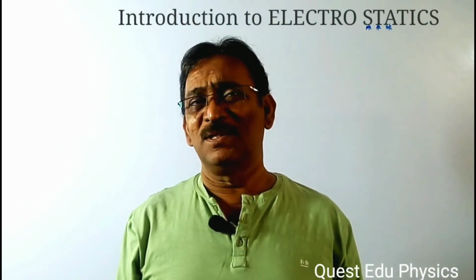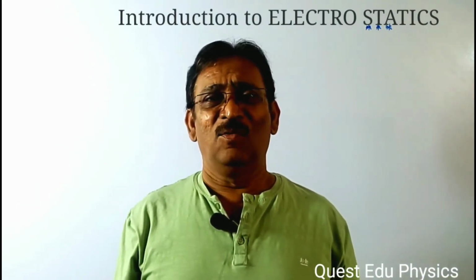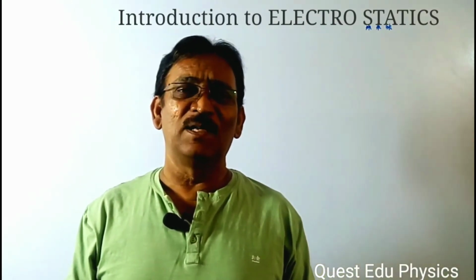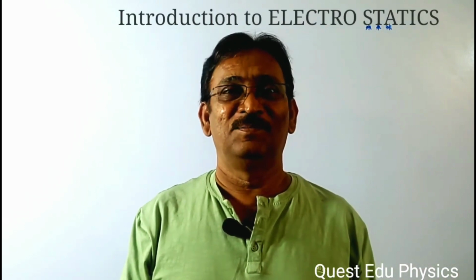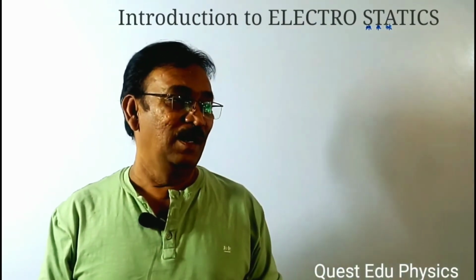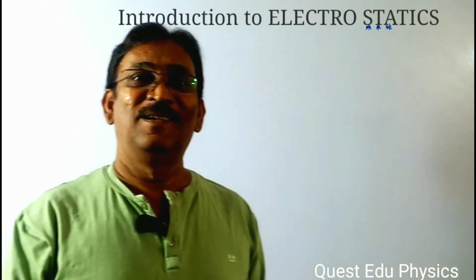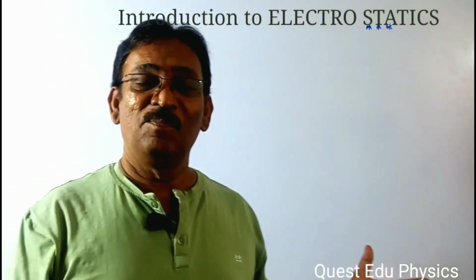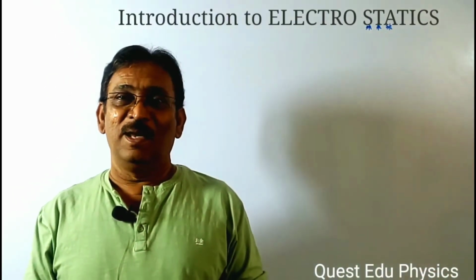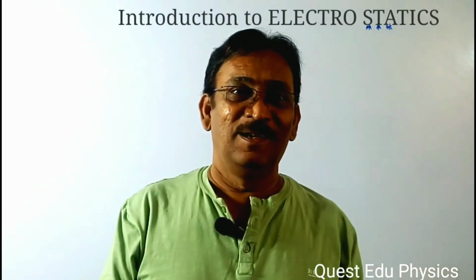A body becomes zero charged when it has an equal number of positive and negative charges. What I said, charge is the entity of matter. In actual practice, we cannot define the charge.